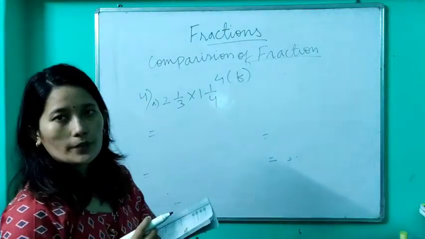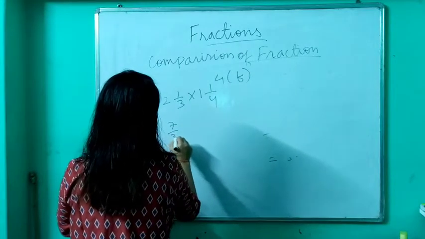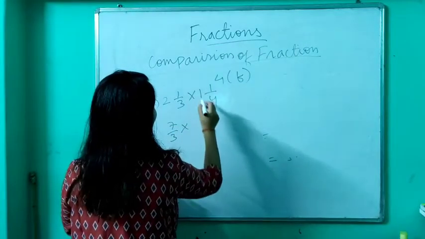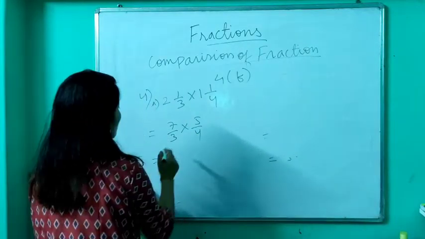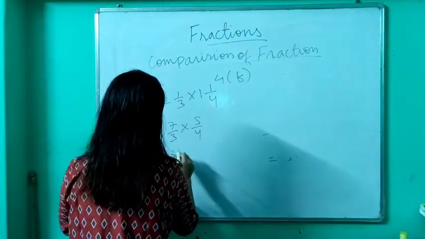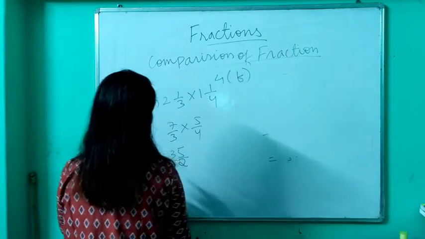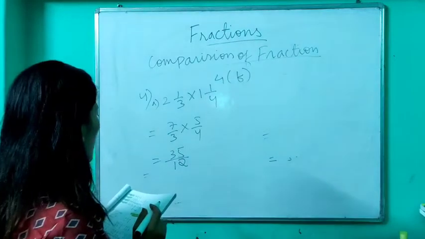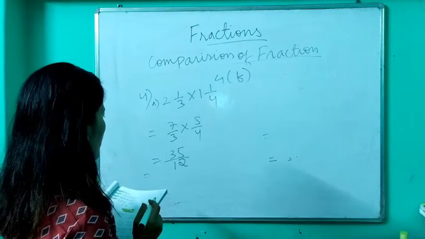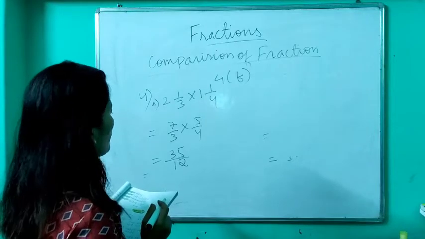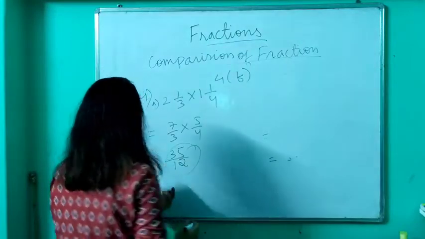Similarly, convert it into improper fraction. That is 3 into 2 is 6 plus 1 is 7 by 3, and 4 1s are 4 plus 1 is 5 by 4. Now 7 5s are 35, 4 3s are 12. Now you see if it can be further cancelled. 35 and 12, no, it cannot be further cancelled, so this one is only the lowest form.